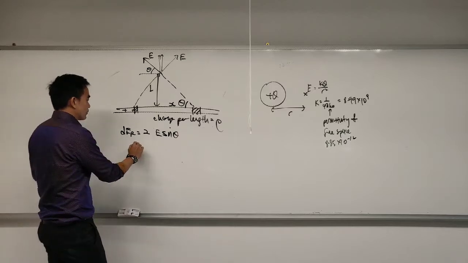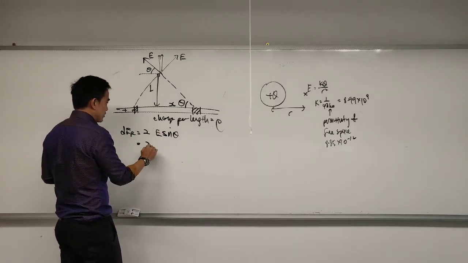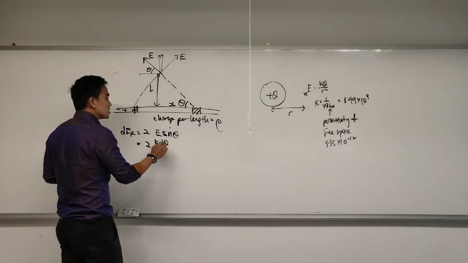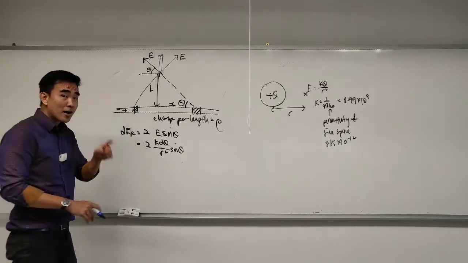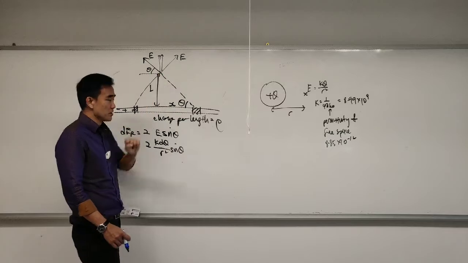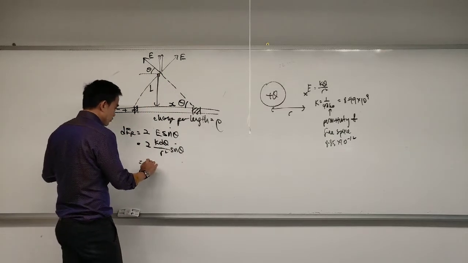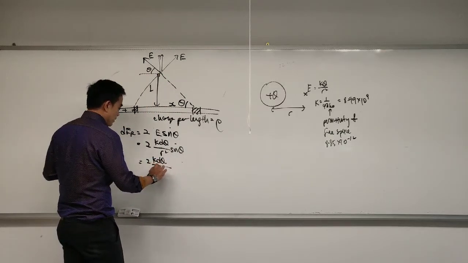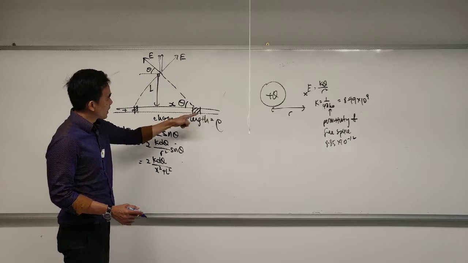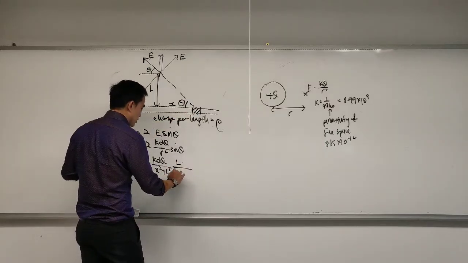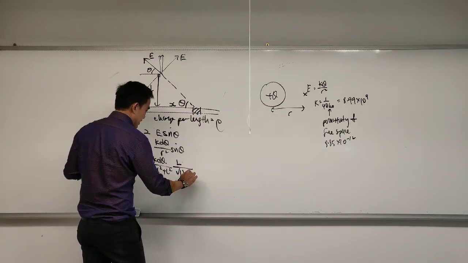Cool. So let's further break down this E, which is k times the small charge dq over r squared, times sine theta. Now r squared is the distance from this point to here. Therefore, it equals 2k dq upon x squared plus L squared, times sine theta. Sine theta is opposite over hypotenuse, which is L divided by the square root of L squared plus x squared.